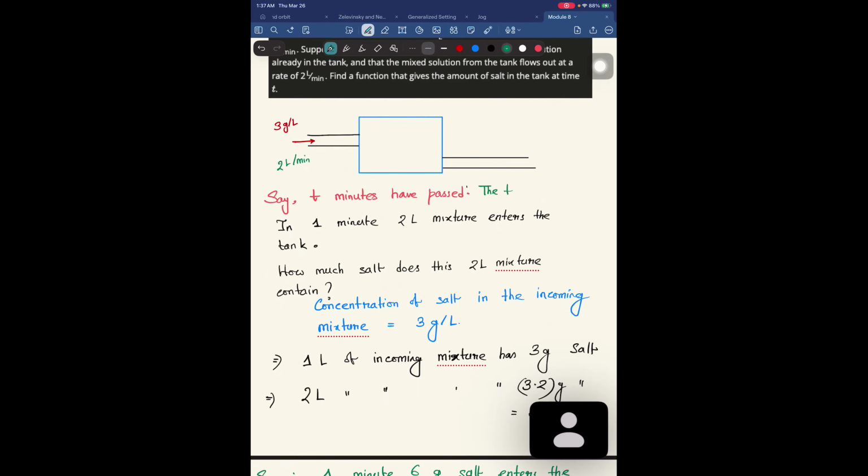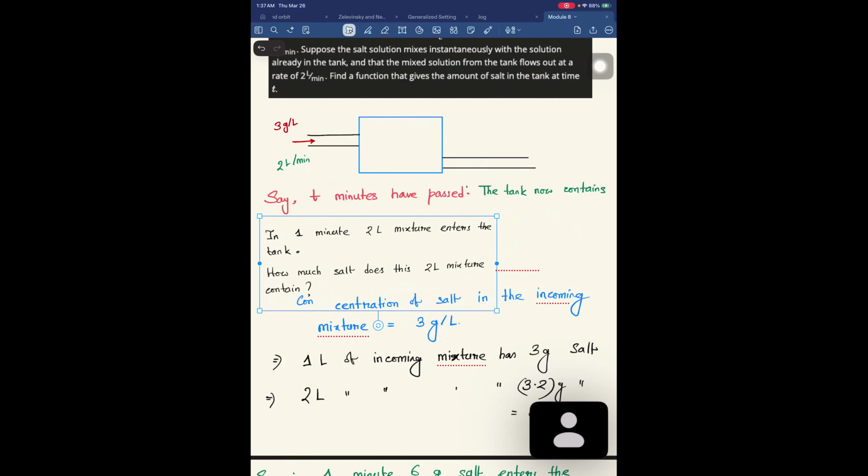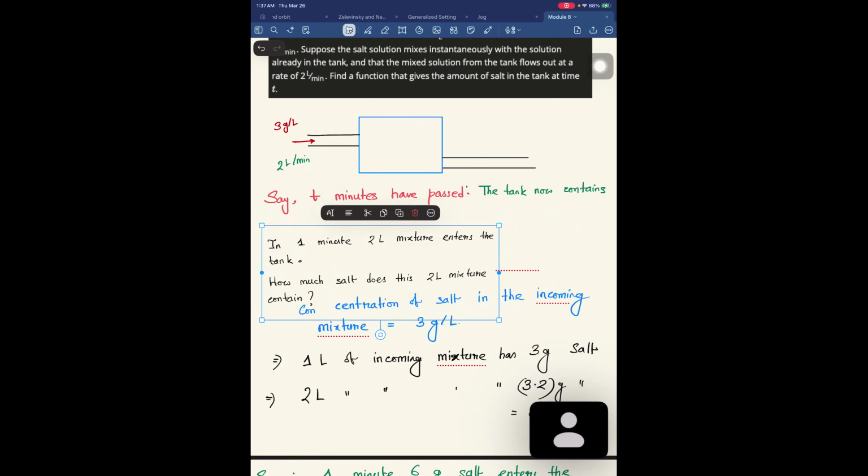The tank now contains y(t) gram salt. So t minutes have passed and the tank now contains y(t) gram of salt.